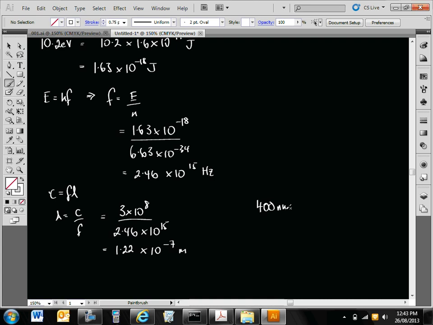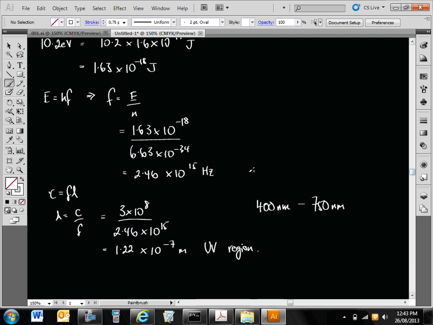That's the visible region approximately, a little bit more, a little bit less. What's this? It's a little bit smaller, isn't it? Yeah, it's UV region.